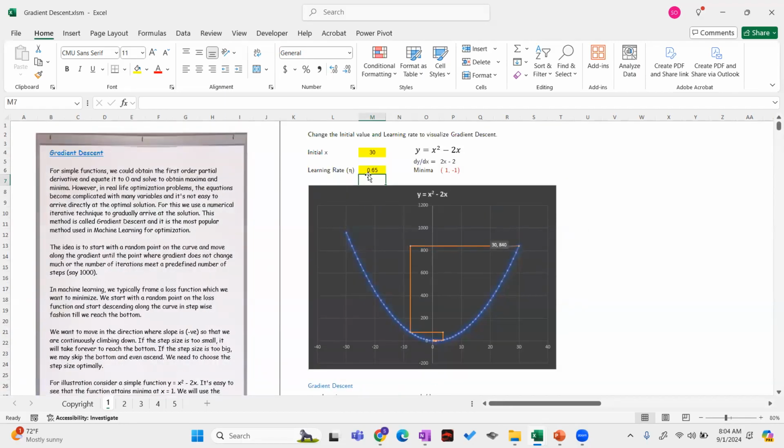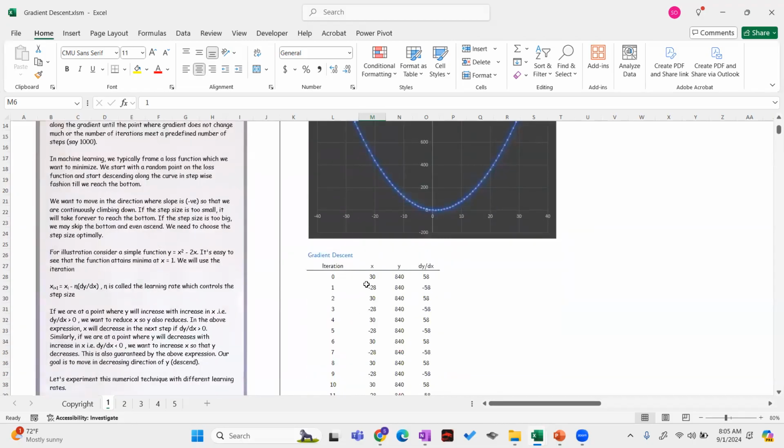Right? If we use bigger, what is happening here? It's a perfectly symmetric shape, right? Around the minima, whatever it is. And if one learning rate means you're using this raw slope as is. Whatever is du by dx, just decrease x by that.